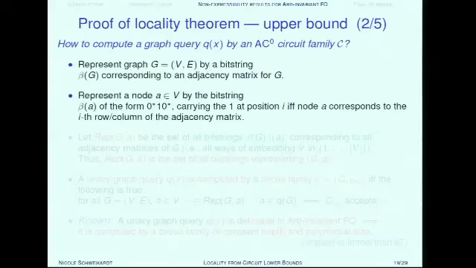We encode a node A as a bit string beta of A, which has lots of zeros and just one 1. This 1 will be at the position I if and only if row and column I of the adjacency matrix represents my node A that I'm interested in.